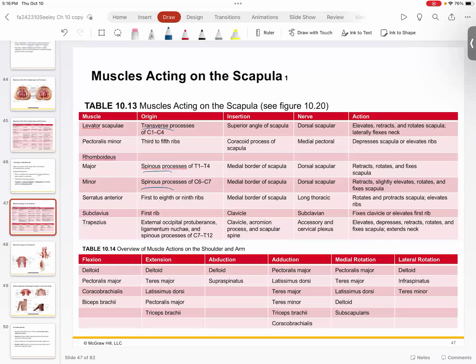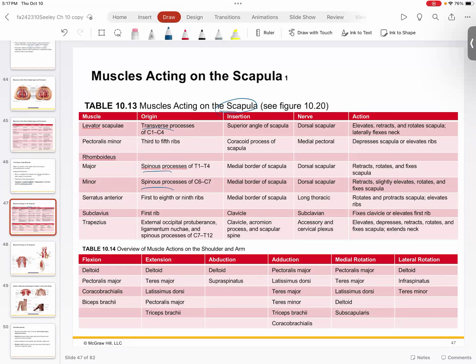So then the shoulder muscles. This is the scapular muscles, the ones that you see in your upper back region. Now, the shoulder muscles are essentially associated with different types of motions and muscle actions on the shoulder and arm.